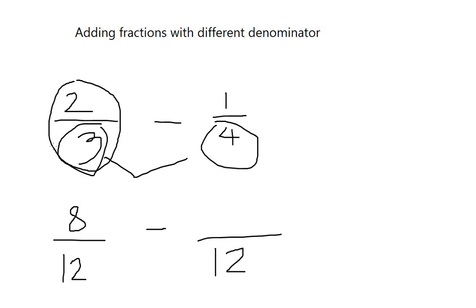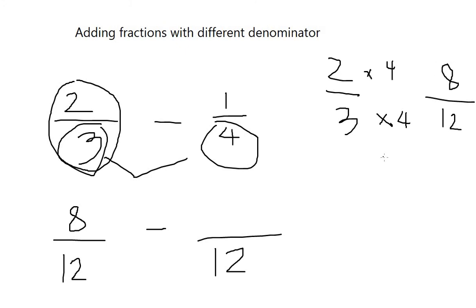So 3 times 4 is 12. So you just multiply the numerator by 4 as well. So that's 8 over 12. So the equivalent fraction of 2/3 is 8 over 12. If you simplify 8 over 12, that's also 2/3.